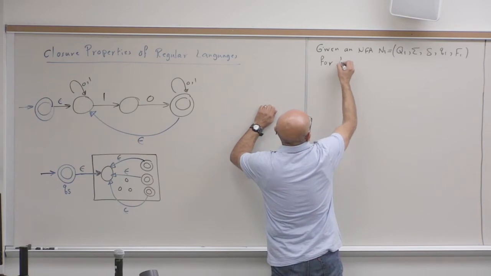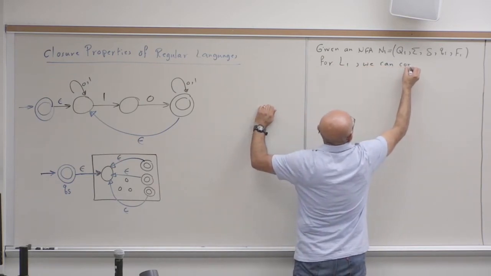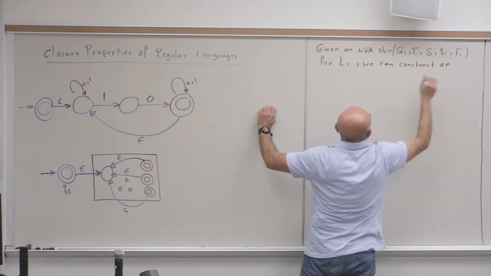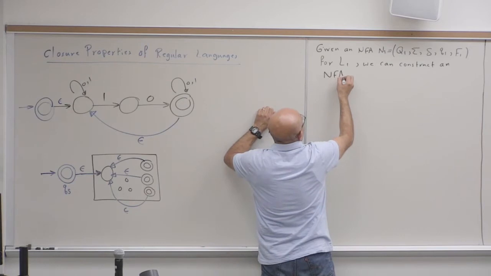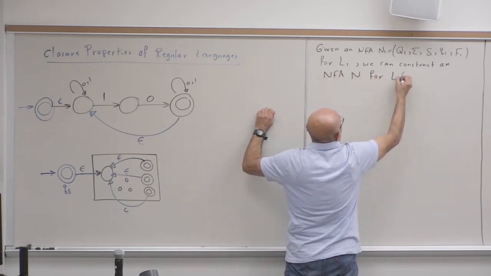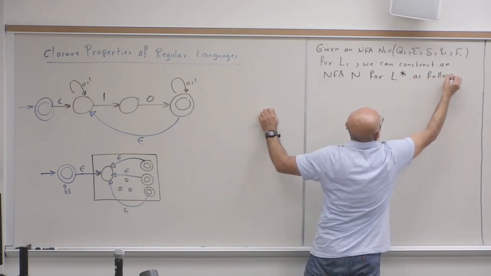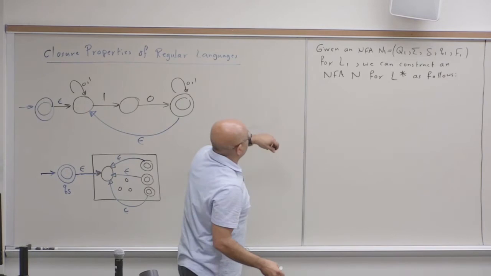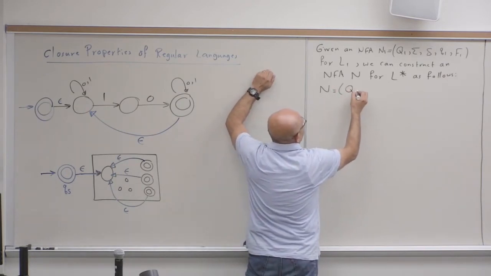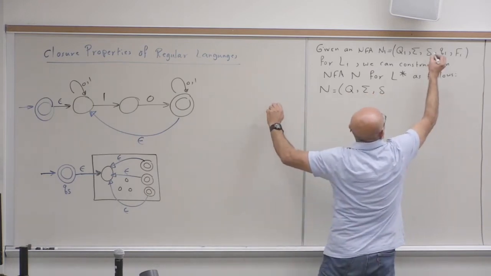For L1, we can construct an NFA N for L star as follows. Okay, so N equals (Q, sigma, delta, q, F), where this is delta 1.